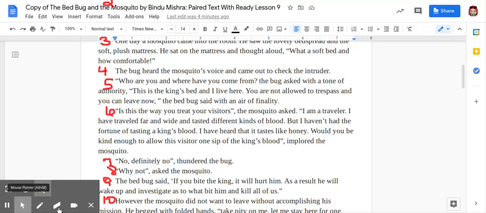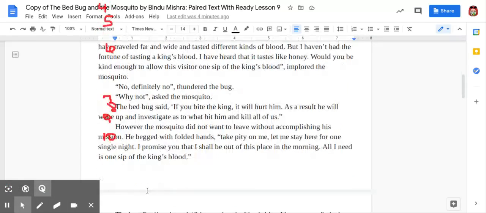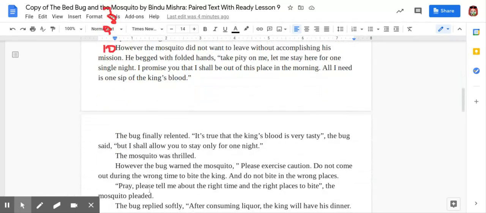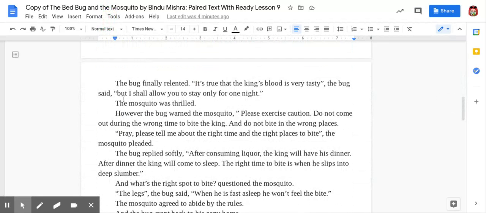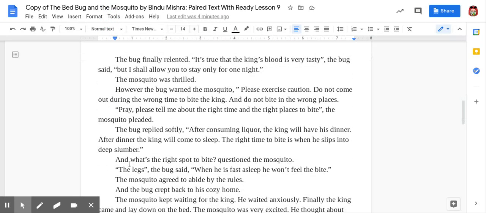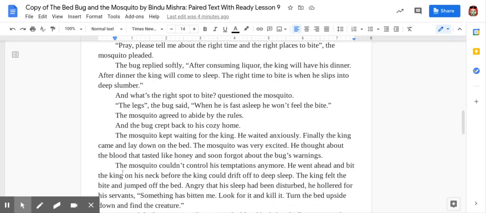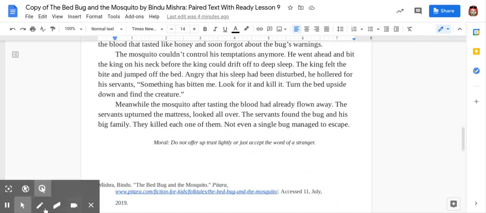Now I've got to roll down some more. Finish this page. We're going to go to the next page. And it's 11, 12, 13, 14, 15, 16, 17, 18, 19, 20, 21. And then finally we end up with 22 paragraphs.